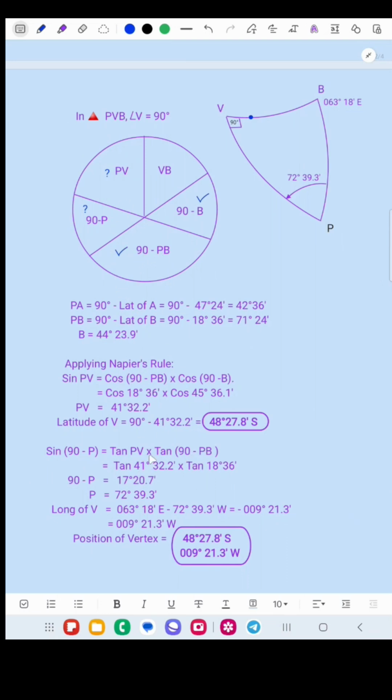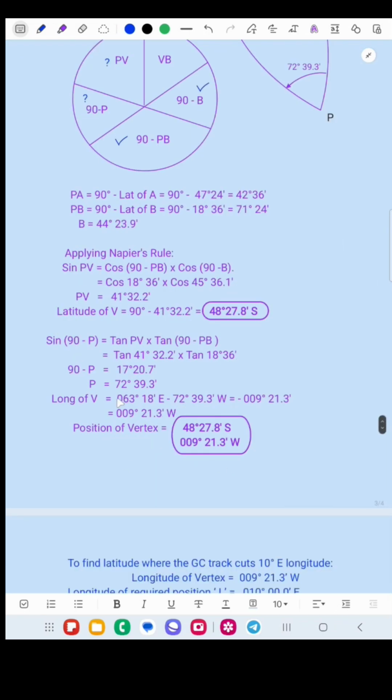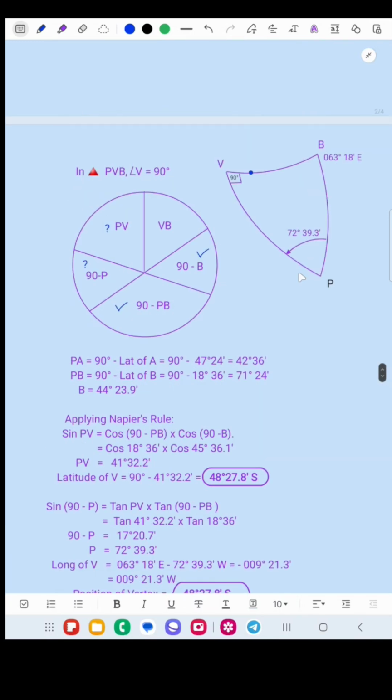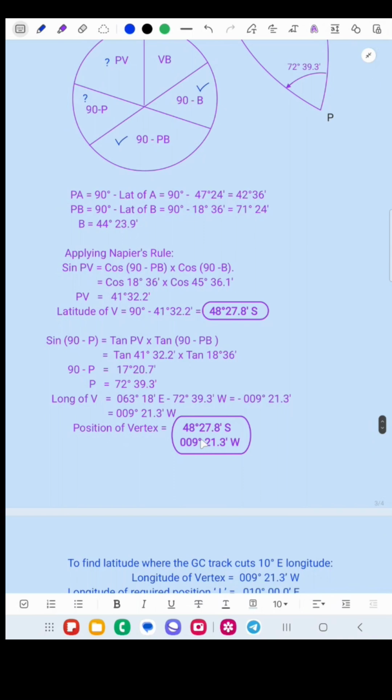So PV we have calculated here, tan of 41 degrees 32.2 into tan of 90 minus PB, and 90 minus PB is 18 degrees 36 minutes. So 90 minus P is equal to 17 degrees 20.7. So P, this angle, is equal to 72 degrees 39.3.